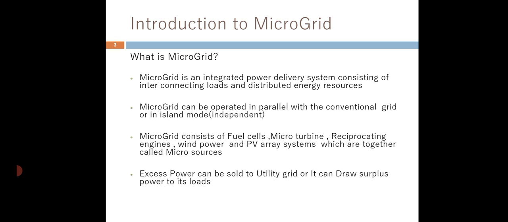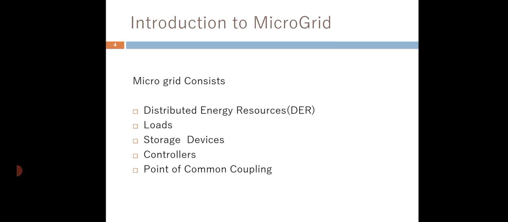Excess power can be sold to a utility grid, or it can draw surplus power to its load. Next, a microgrid consists of distributed energy resources, loads, storage devices, controllers, and a point of common coupling.